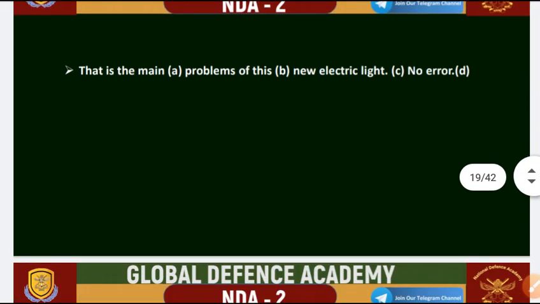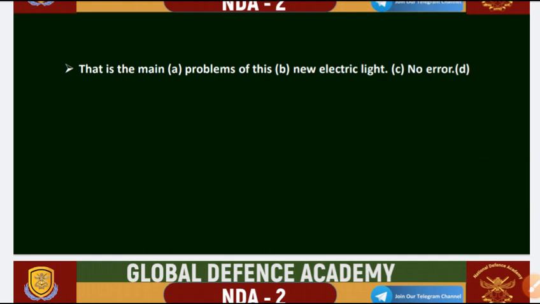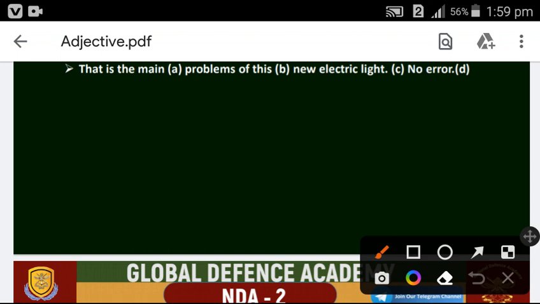The next question is also written here: that are the main problems of this new electric light. You all know that that is another type of demonstrative adjective.